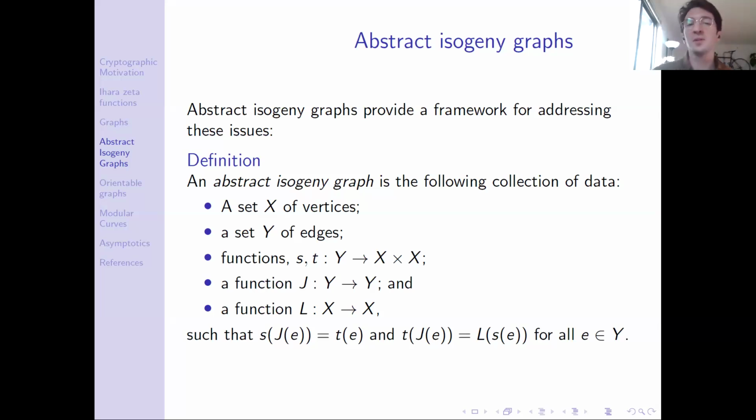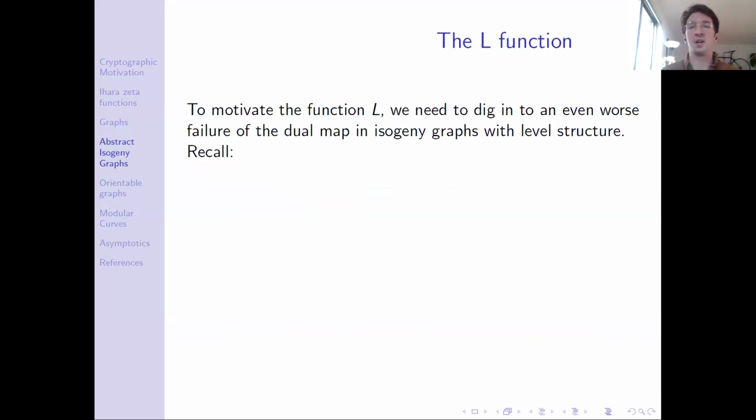So these probably seem a little unnatural. Maybe the first one is somewhat natural, right? The source of the dual should be the target of the original isogeny. The second one is motivated by some weird behavior in more exotic examples of graphs with level structure. So let's talk about where this capital L function came from.